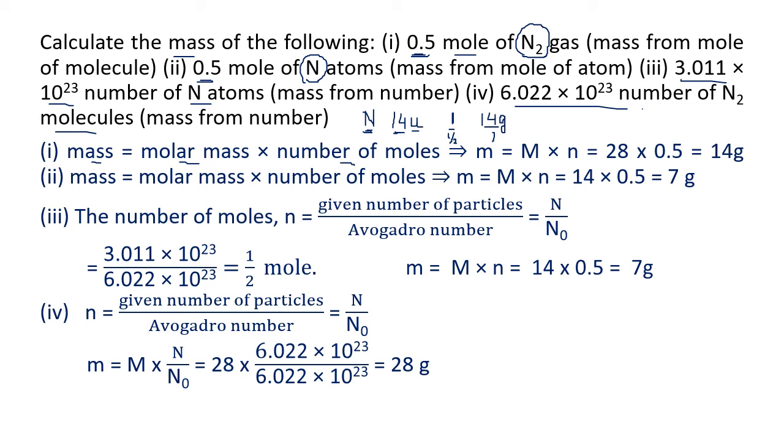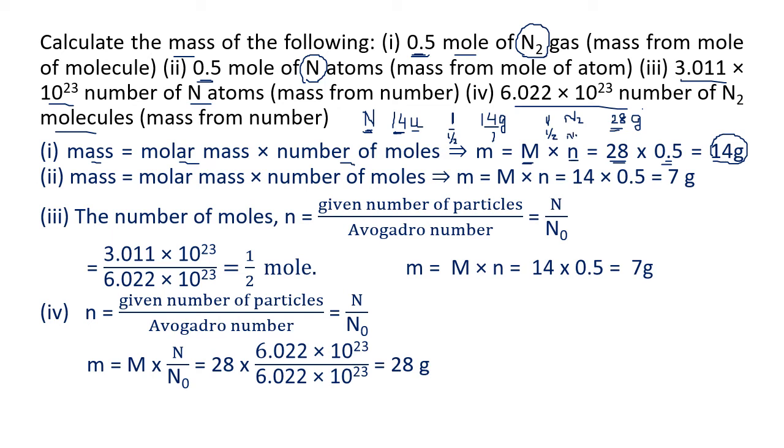But it is said N2. So 14 is the atom, the molecule is N2. So 14 into 2 is 28, the molecular mass. So molar mass M is 28, and number of moles is half, 0.5. So 28 into 0.5 will give us 14 grams. So 1 mole of N2 will weigh 28 grams. So half mole of N2 will weigh how much? So 14 grams is the answer.